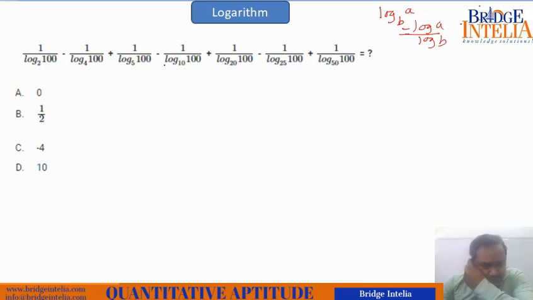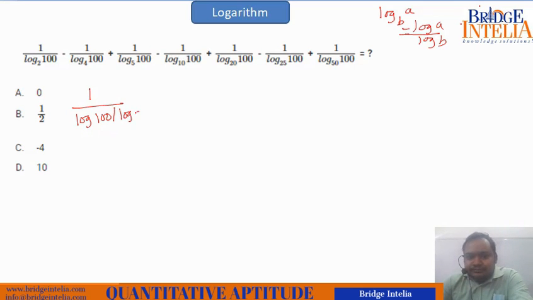So let's do that. Let's rewrite the expression. This expression can be rewritten as 1 upon log 100 by log 2. Similarly, the second term can be written as minus 1 upon log 100 by log 4, and so on. The last term can be written as 1 upon log 100 divided by log 50.